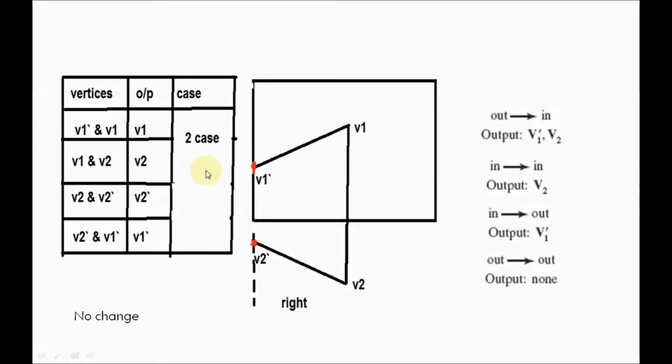You can observe all the points are inside, that is, all the cases are second case, all these vertices are inside only. There is no need to clip, because all the vertices are inside. If all the vertices are inside the clipping window, what is the necessity of clipping? So no change.